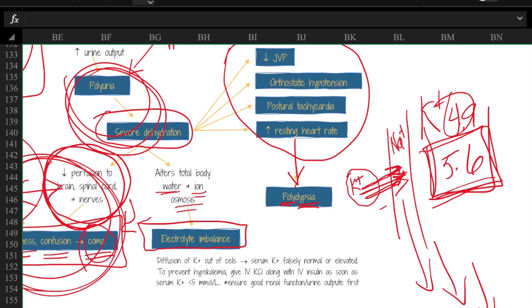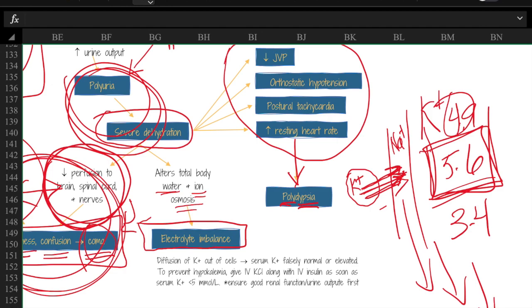And so we do the blood work again an hour later. Sure enough, our potassium is something like 3.4 at that point. So that's how fast that shift was happening, that potassium was being pulled out of the cells and then back out of the body through the urine.